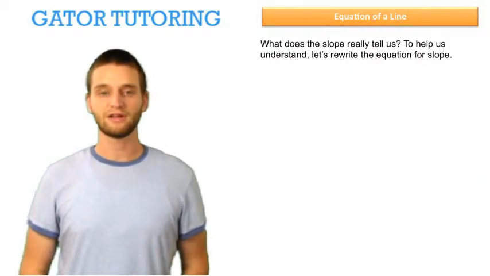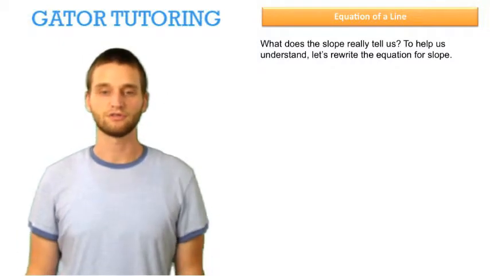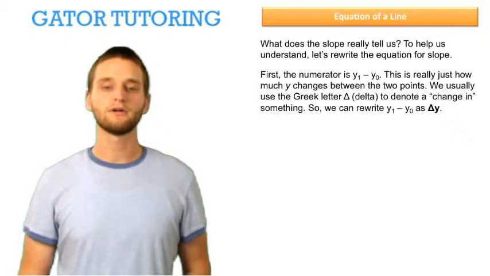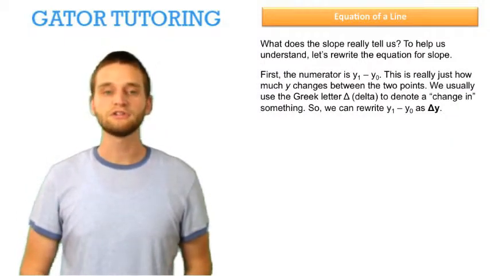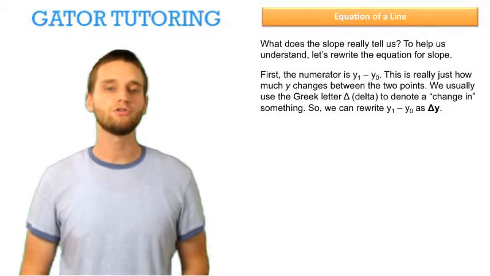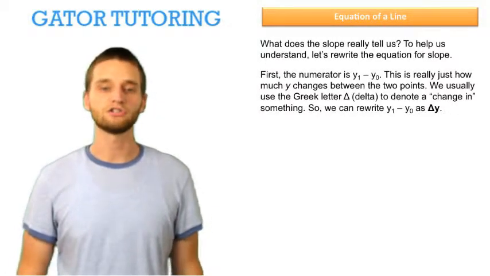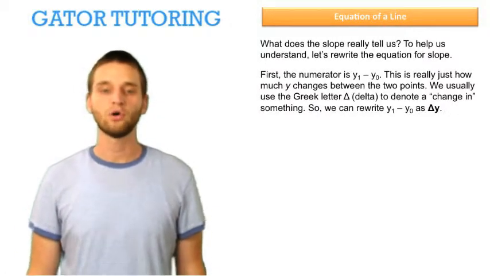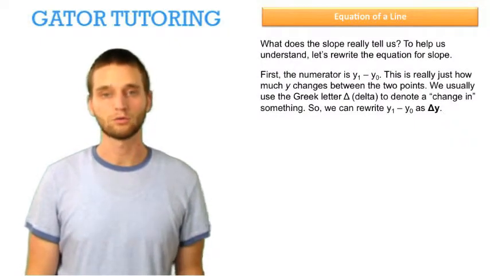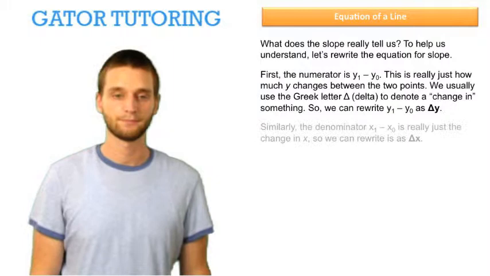To help us understand, let's rewrite the equation for the slope. First, the numerator is y1 minus y0. This is really just how much y changes between the 2 points. We usually use the Greek letter delta to denote a change in something. So, we can rewrite y1 minus y0 as delta y, or the change in y.